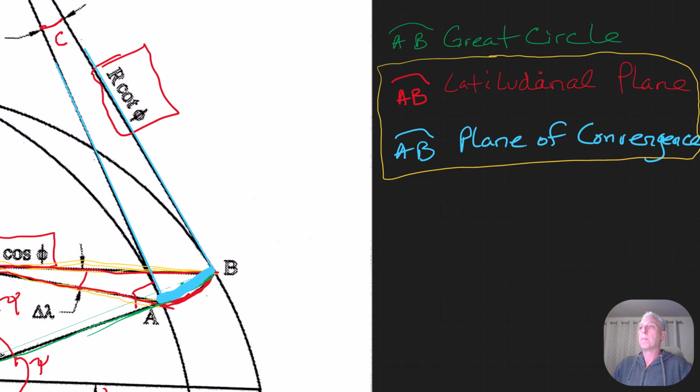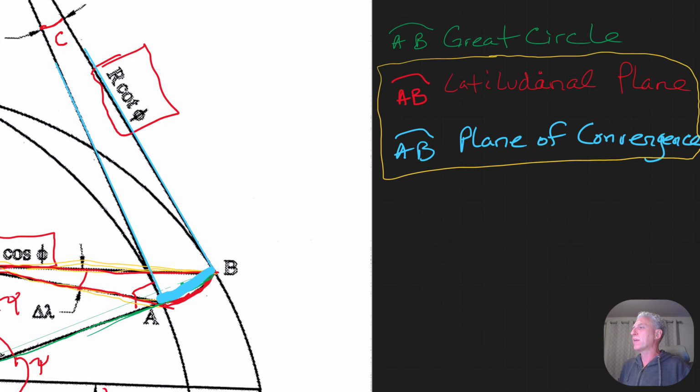There might be a few lengths of TA or TB that might allow for those arcs to be completely equal, but in general, they're not equal. But they're so close. If you think about it, they're both greater than the great circle distance. So they're going to be closer to each other than either would be to the great circle arc distance.